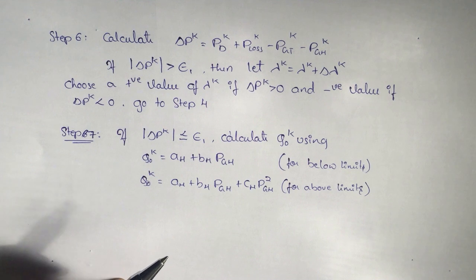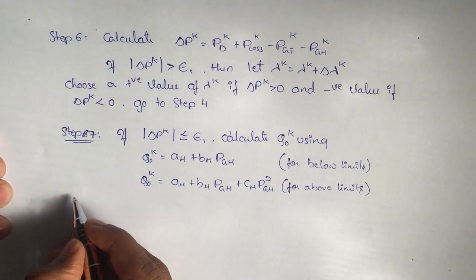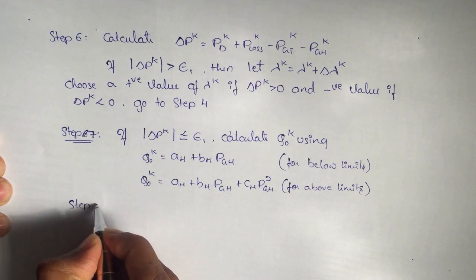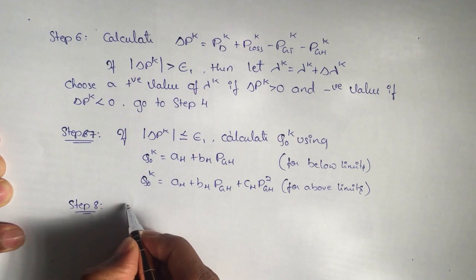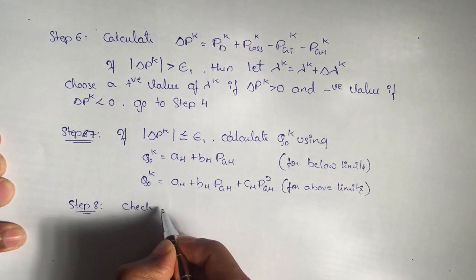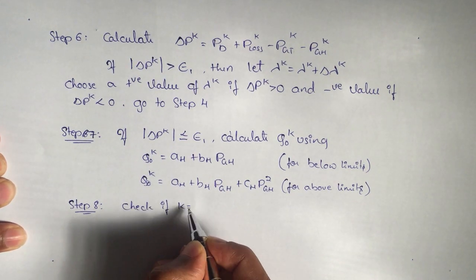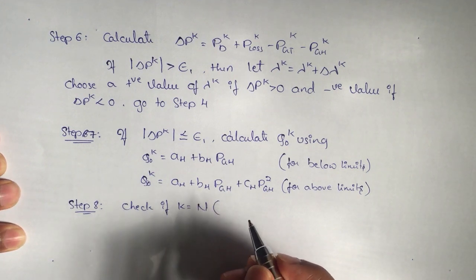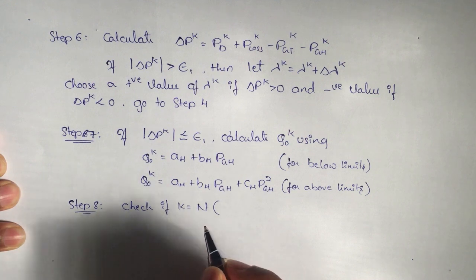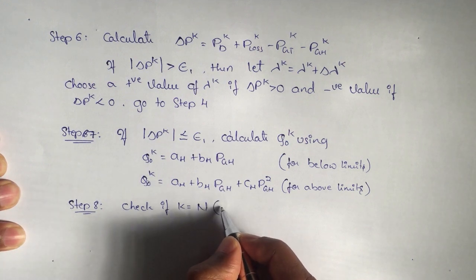And in step 8, we'll check if k is equal to N, which means are we in the last interval or not. We are going to verify whether we are in the last interval or not.